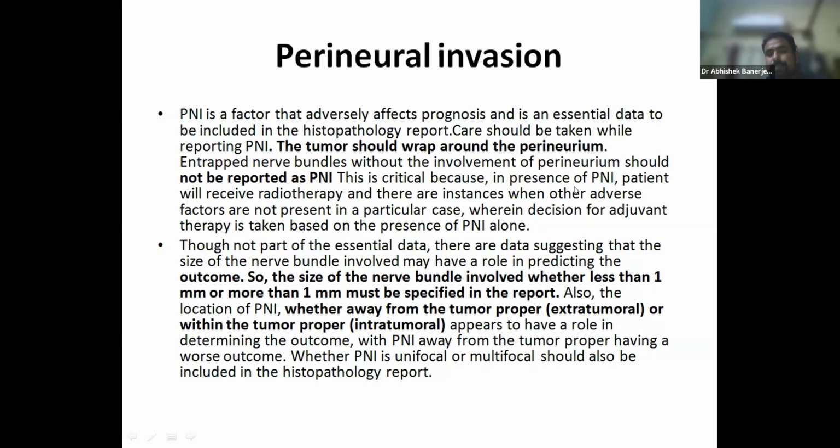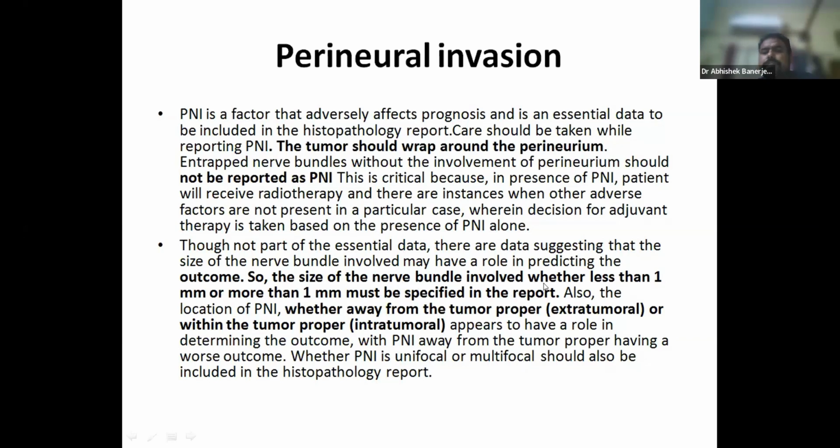This is critical because if perineural invasion is present, the patient will receive radiotherapy, and there are instances when other adverse factors are also present in a particular case. But what I have found from the surgeons, good surgeons also, usually based on the T4 and the staging, they go for radiotherapy at some instance even if there is no PNI.